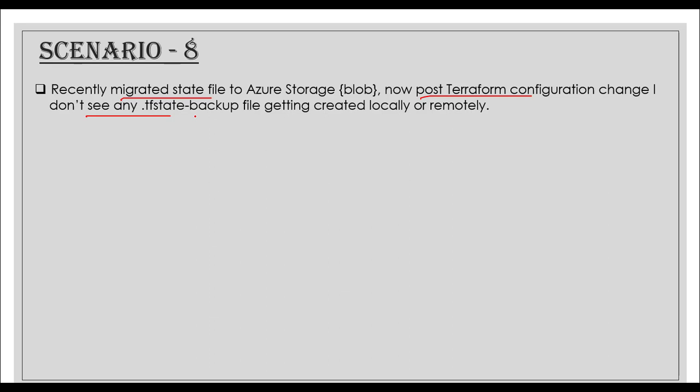Very interesting. I have migrated from my local to my cloud storage where I'm storing my state file, but now if I make any configuration change, I don't see any backup file getting created, which used to happen previously.